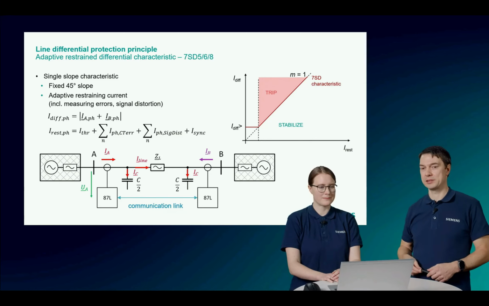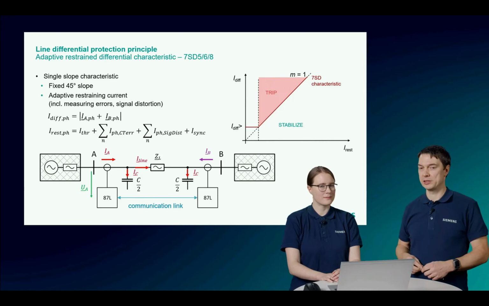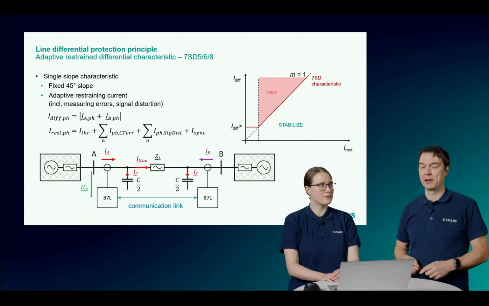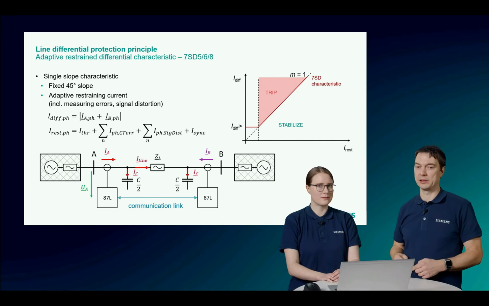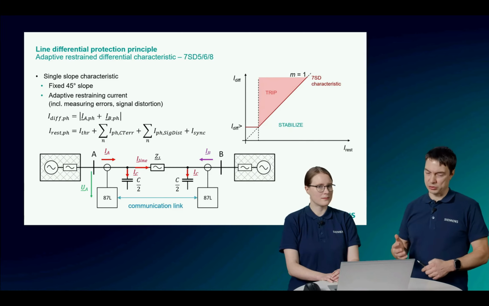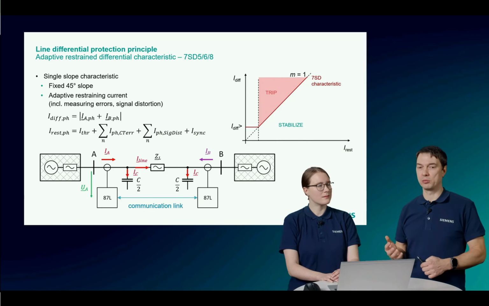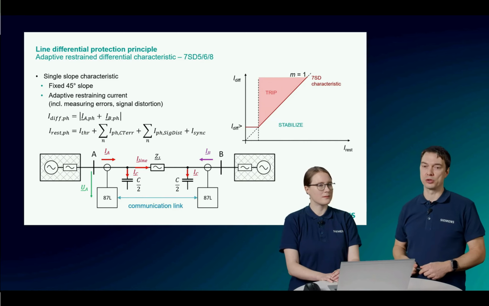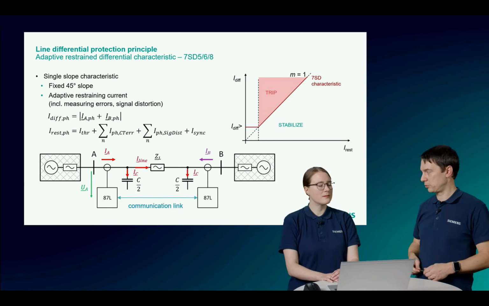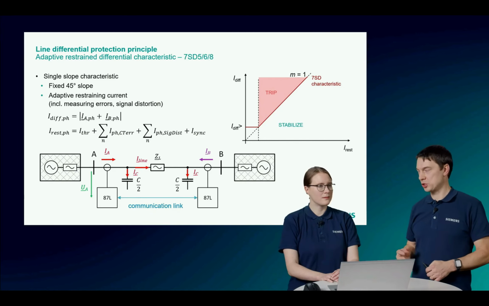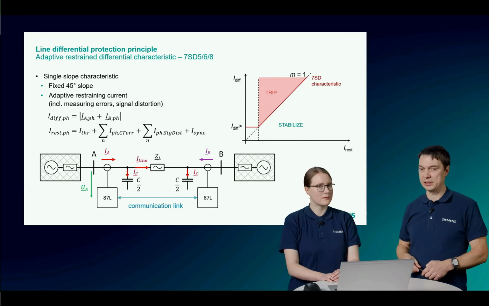With the Siemens devices, the differential is calculated in the same way as with other manufacturers, but the restraining already contains signal components coming from CT errors, but also from signal distortion, from the channel synchronization, and from asymmetry in the channel.